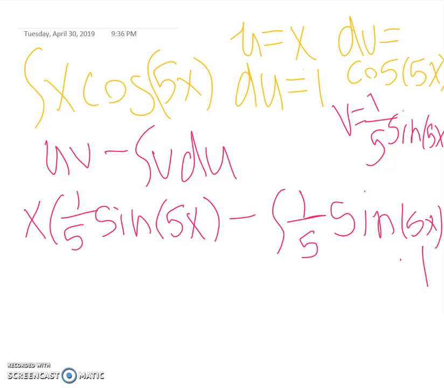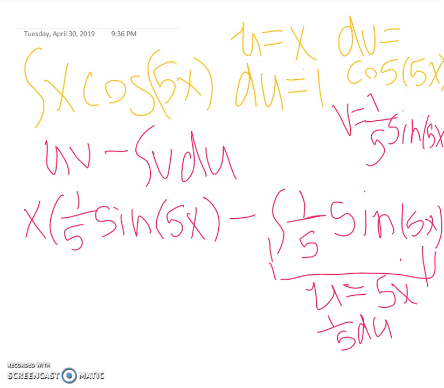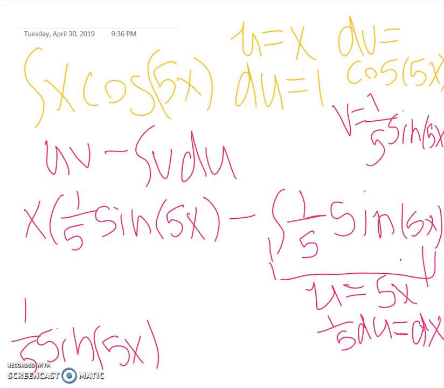So again, we're going to do u substitution here to solve this antiderivative, and u is going to equal 5x. So that means that 1/5 du equals dx. And so we're going to have 1/5 sine of 5x minus, well, the antiderivative of sine is just negative cosine.